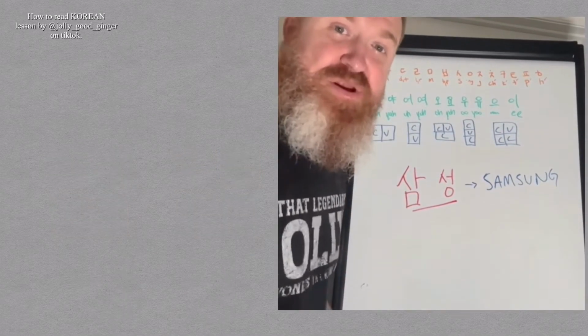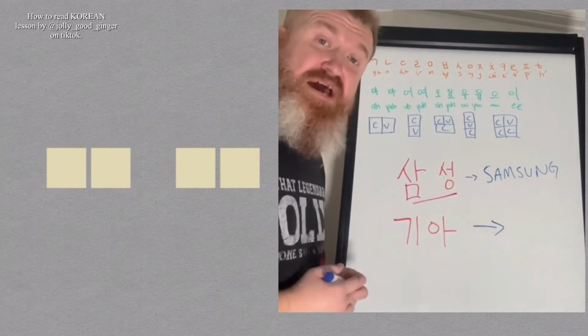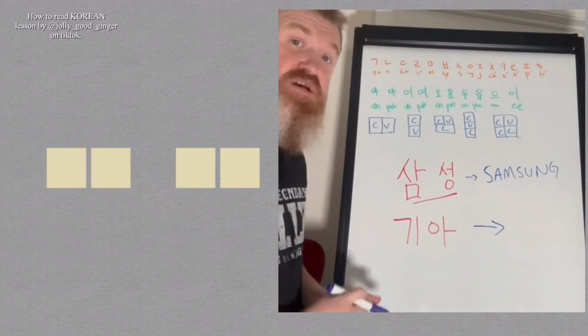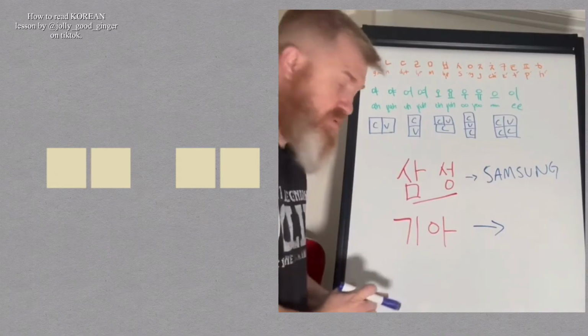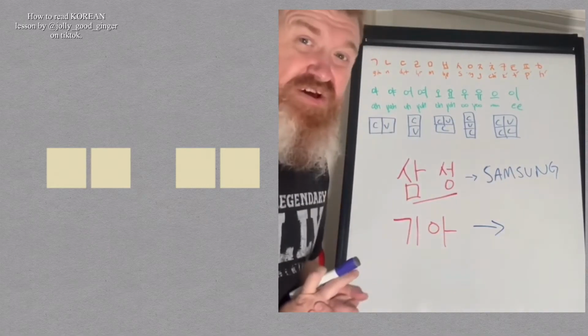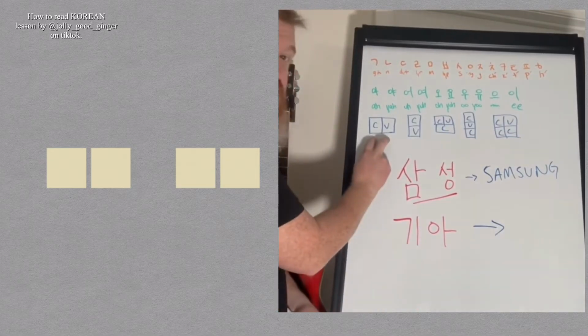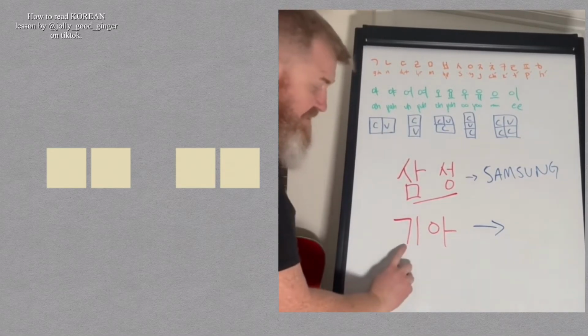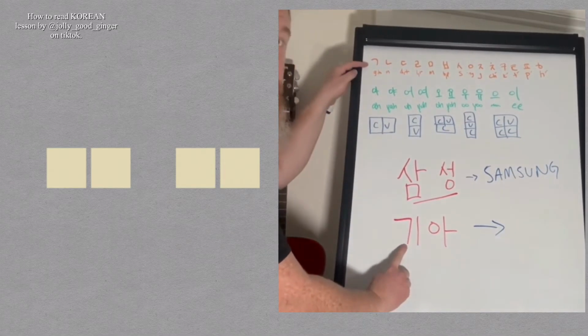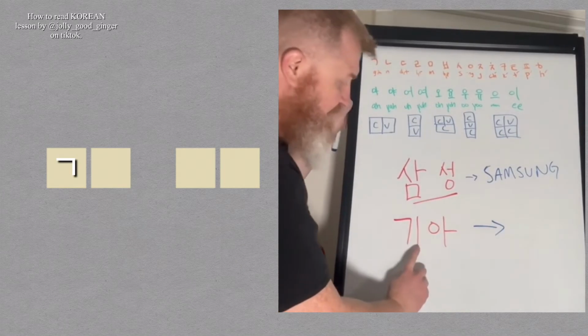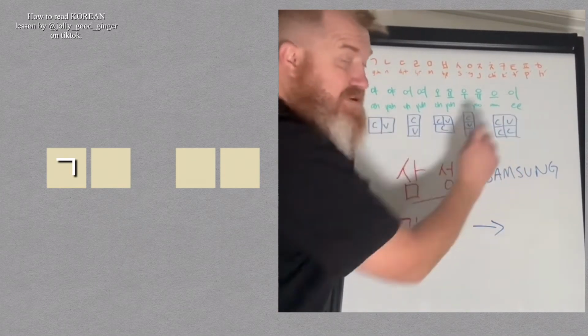Let's try another one. All right, let's figure this one out together. It's got 2 syllables, so we start off with the first syllable. Let's figure out which one of our 5 configurations this is. I see a consonant and a vowel, which means it's the first configuration. This consonant is right here, it's the g, and then this vowel is right here, it's the e.